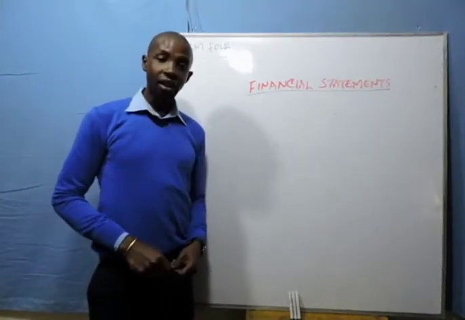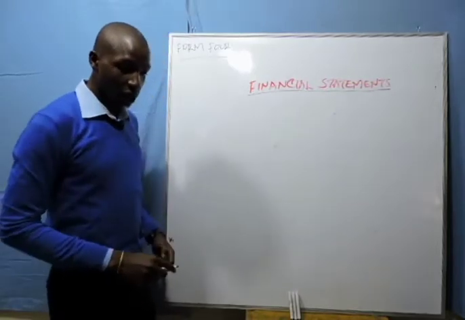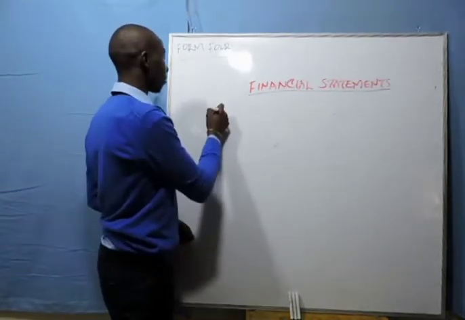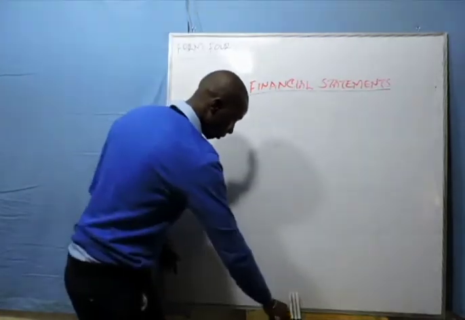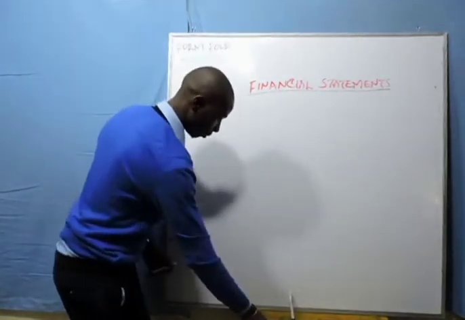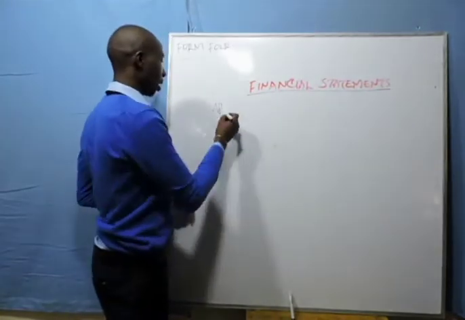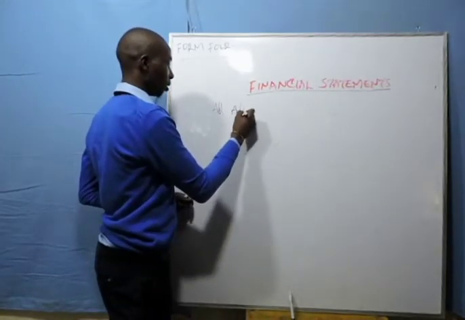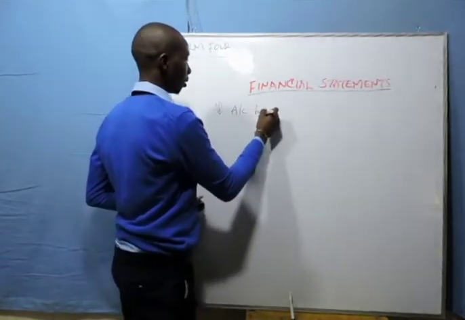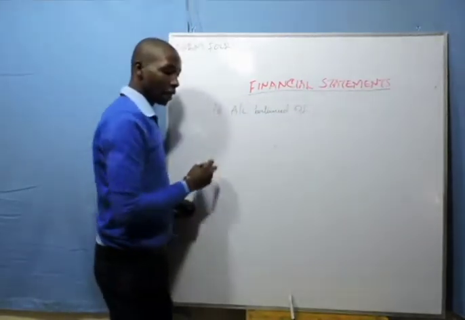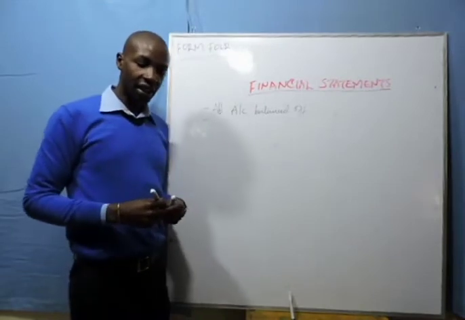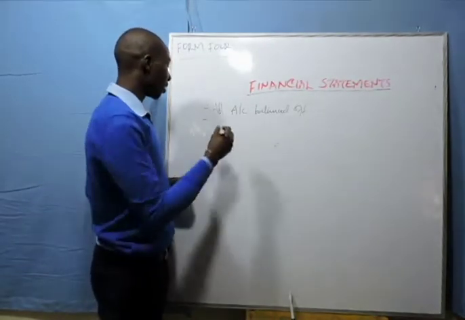So at the end of every business period, all accounts must be balanced off. Another one is that a trial balance is extracted.